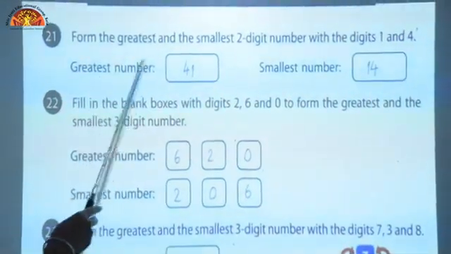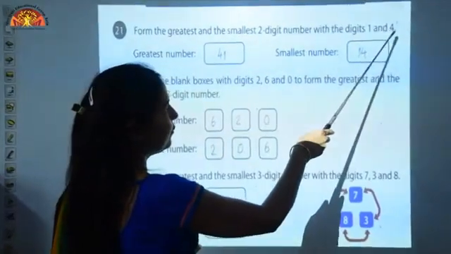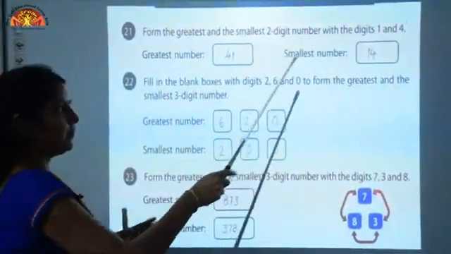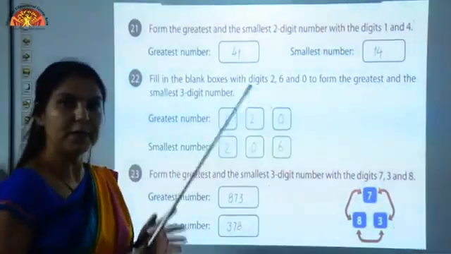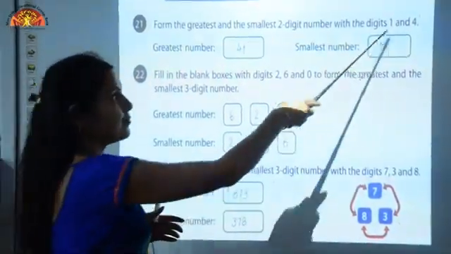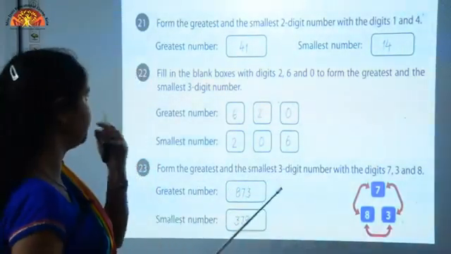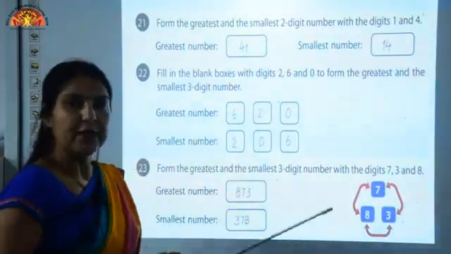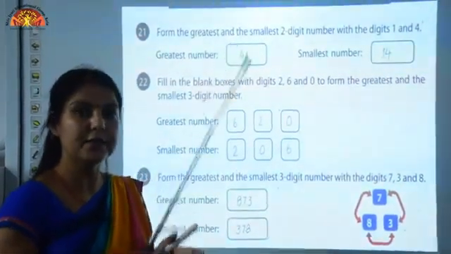Now form the greatest and the smallest two-digit number with the digits 1 and 4. Children, here digits are given. These are 1 and 4. What you have to do? You have to form a number using only these two digits, one greatest number and one smallest number. What we have to do for it? We have to use first of all the digit which is bigger.